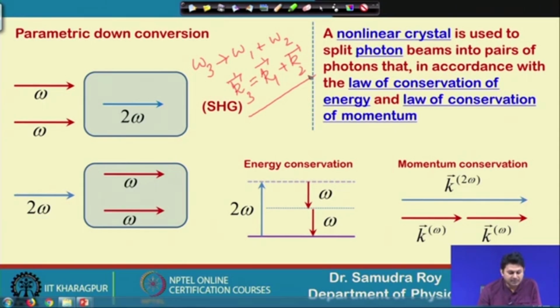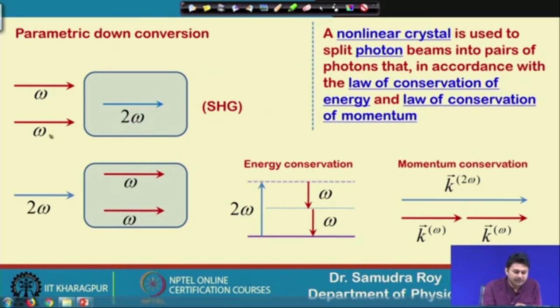We are trying to understand what happens under that condition, if 1 photon splits and 2 photons are generated, or 2 photons merge to generate 1 photon. In the second harmonic generation process we find that 2 photons merge to generate 1 photon of frequency 2 omega, and readily we can see that the energy and momentum conservation are valid.